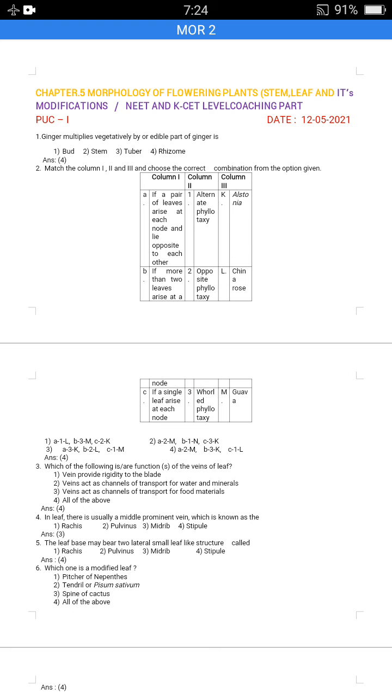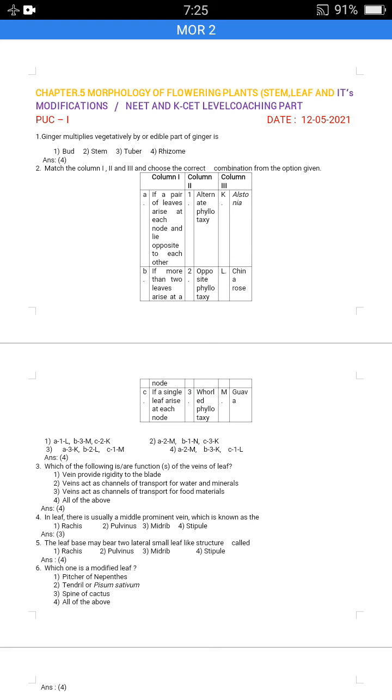This is a very important question for competitive examination students. So now let us see the detailed explanation for that. From the four options we need to identify the correct option. So here the leaf is a lateral, generally flattened structure borne on the stem, and it develops at the node and bears a bud in its axil.